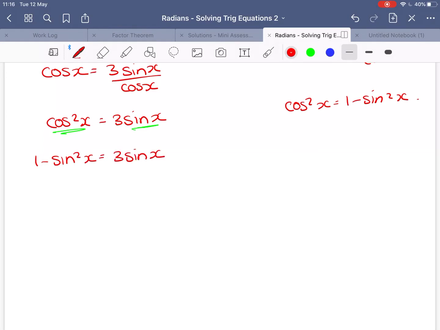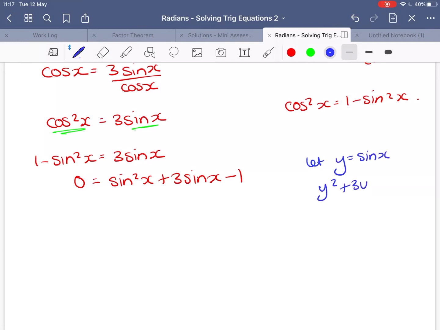Now I've got an equation just in sine, but it's a quadratic. Make it equal to 0, and I get sine squared x plus 3 sine x minus 1. Okay, so I'm going to say let y equal sine x. So I've got y squared plus 3y minus 1 equals 0.